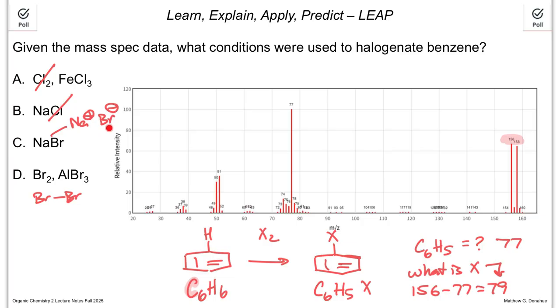In Br minus, that can't accept electrons from the ring because it's already happy. So as we learn all these reactions, you might see the same element and think, well, hey, it's got to be that. But again, the nature of the reagent needs to jive with the mechanism that's happening.